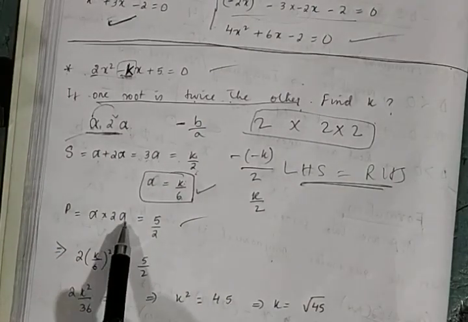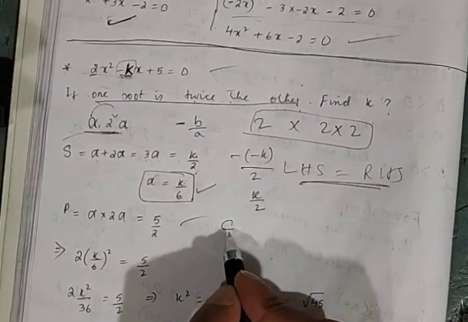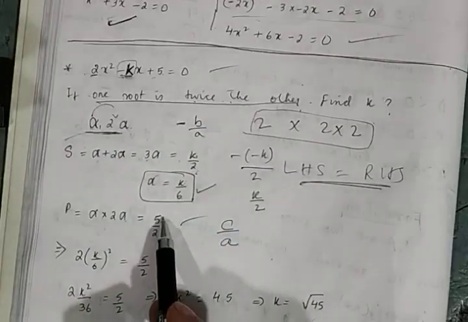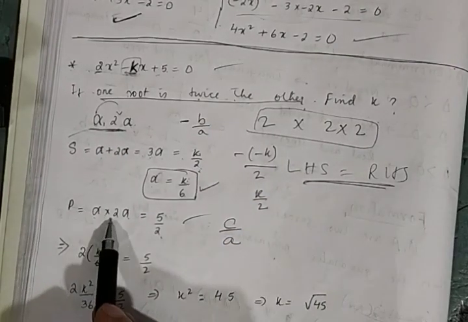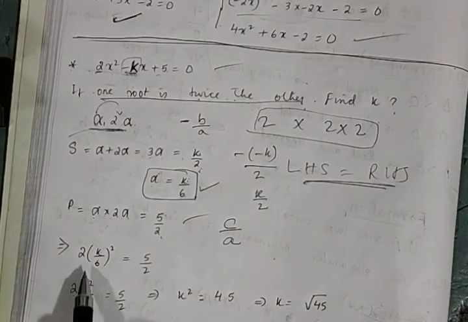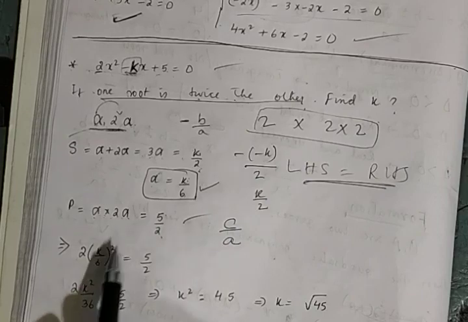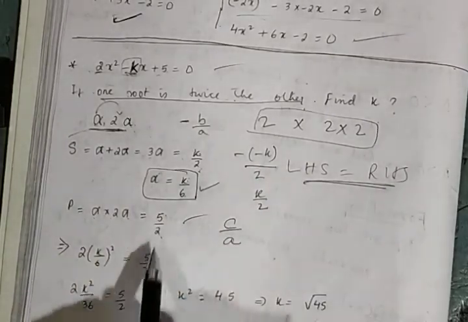Product, alpha into 2 alpha. Product of the zeros is constant term divided by coefficient of x square. Constant term here is 5, divided by coefficient of x square, which is 2. So alpha into 2 alpha is 2 alpha square. When alpha is k by 6, so 2 into k by 6 whole square equal to 5 by 2.